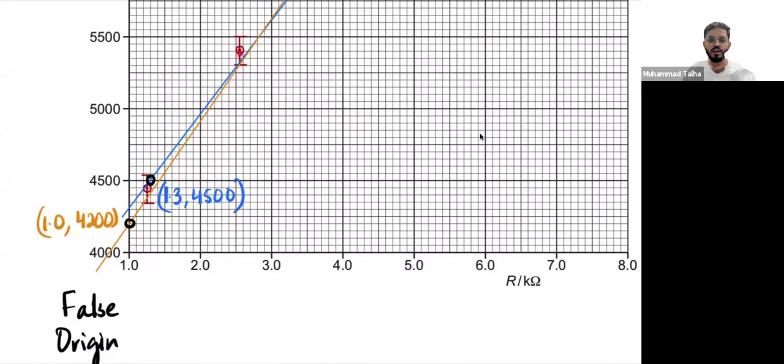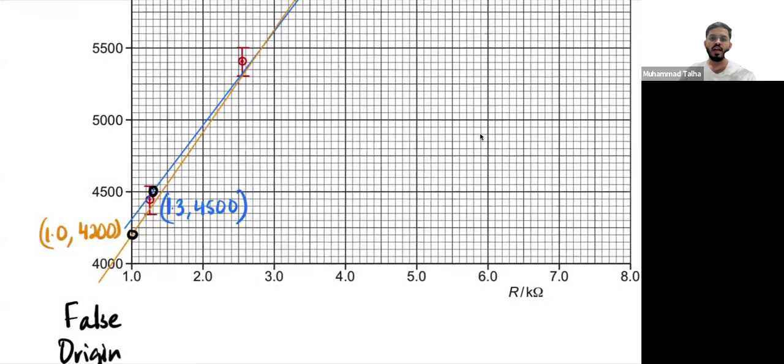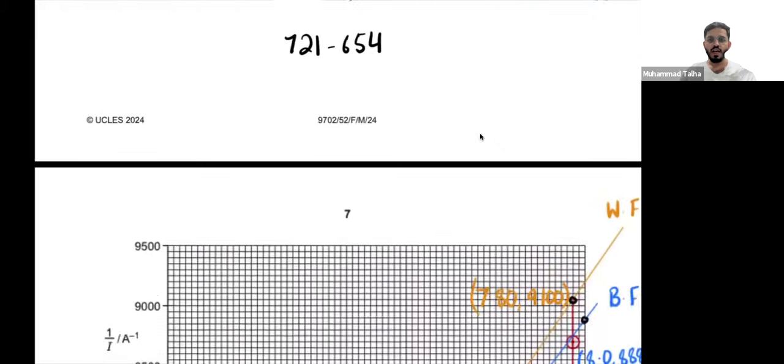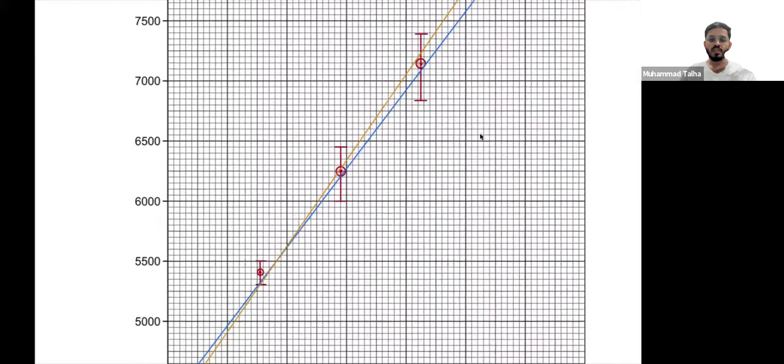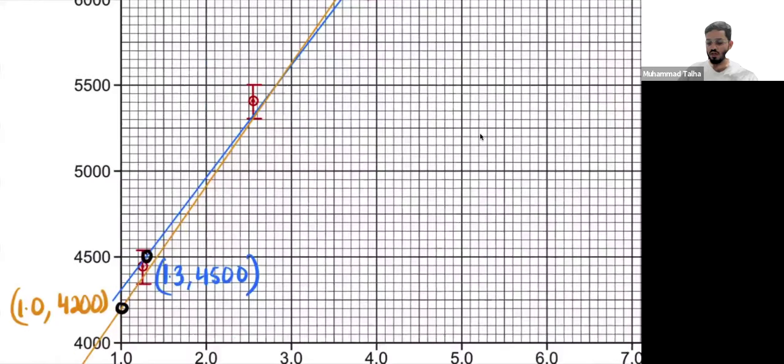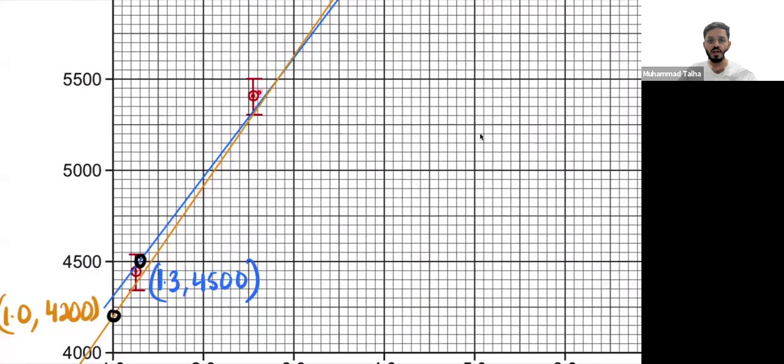For 5410, this would be 5250 right in the middle, then 5300, 5350, 5400, and 5410 would be slightly above, which is why my value is like this. For 5410, the absolute uncertainty was plus or minus 100. So 100 in this case corresponds to 2 boxes. So I go 1 and 2 boxes up, and similarly 1 and 2 boxes down.